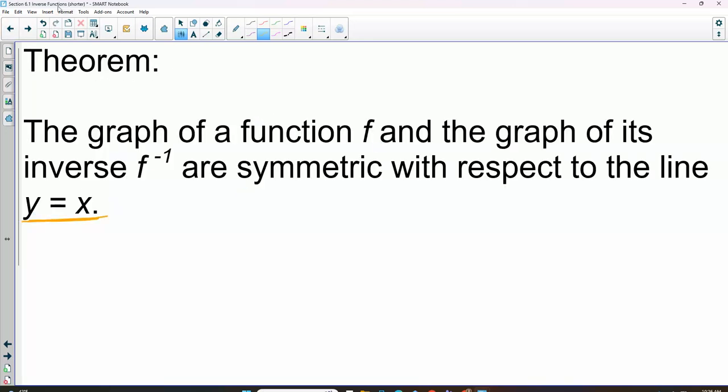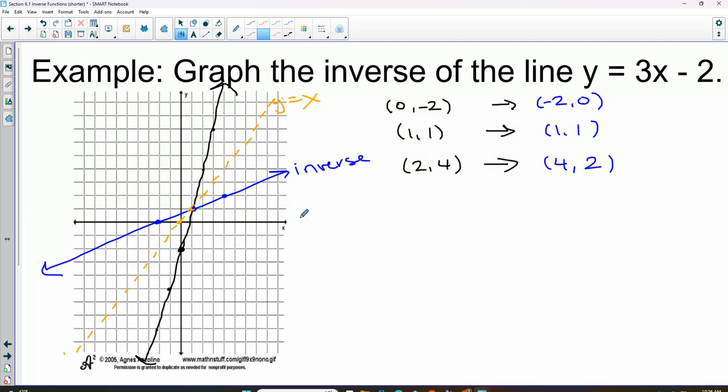So I was drawing that in just to show you, if you folded on that orange line, those other two should overlap. I think when you graphed inverses in Mrs. Keller's class, she usually had you plot that or had it already on the graph. So you could do a visual check and see it should be the same on both sides of that graph. All right.